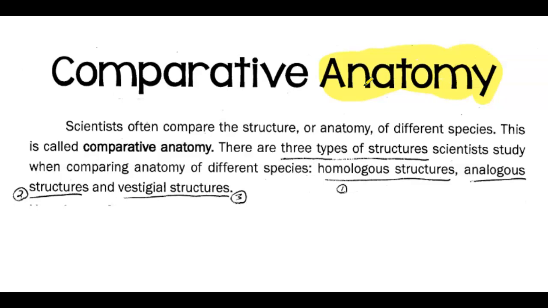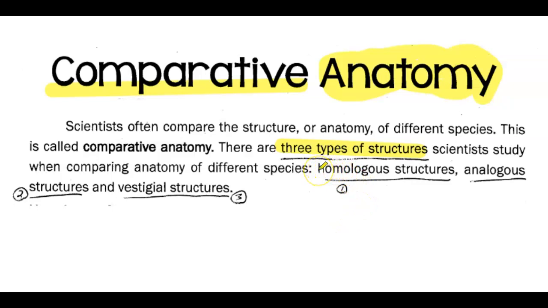Okay, the word comparative here means we're going to compare the anatomy of some different organisms. So that's what comparative anatomy is. It's one piece of evidence that we use for evolution. Now there are three types of things we're going to be looking for when we're comparing.